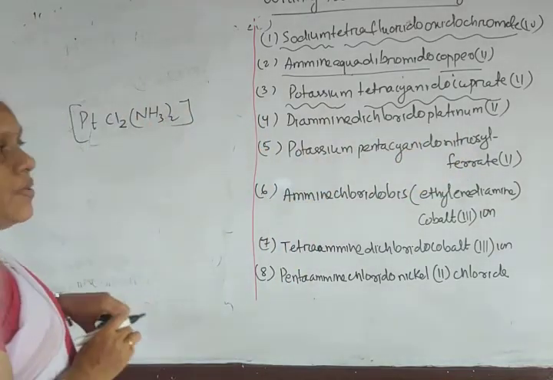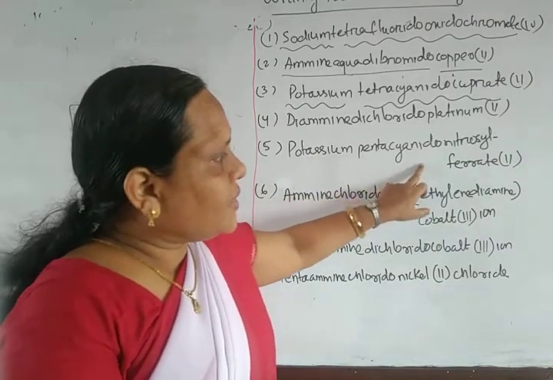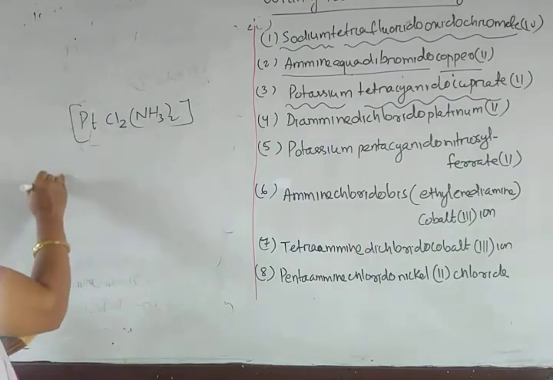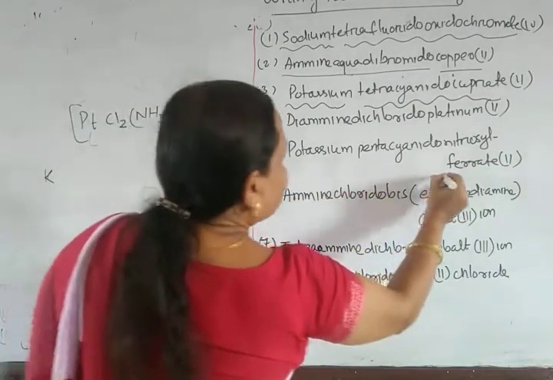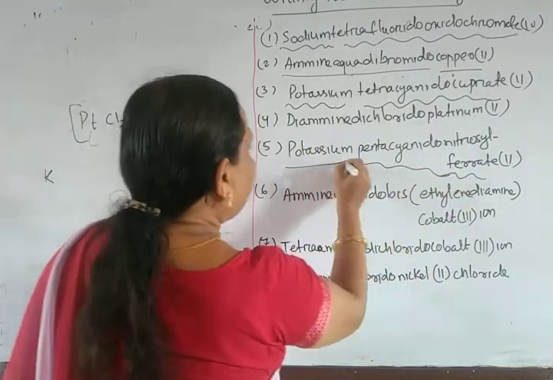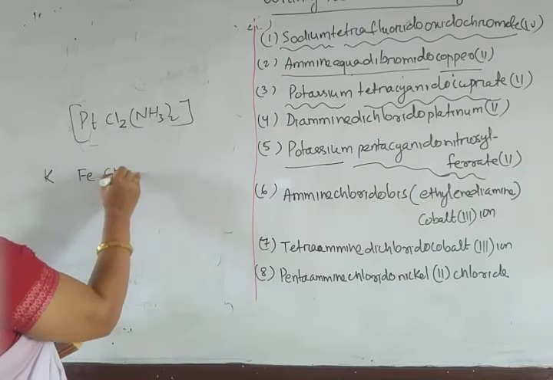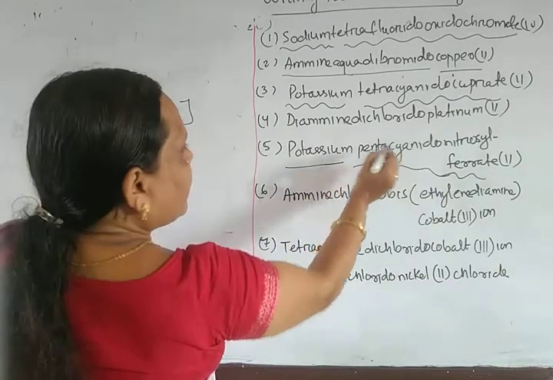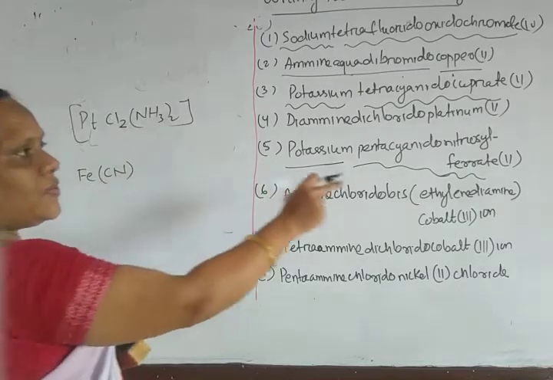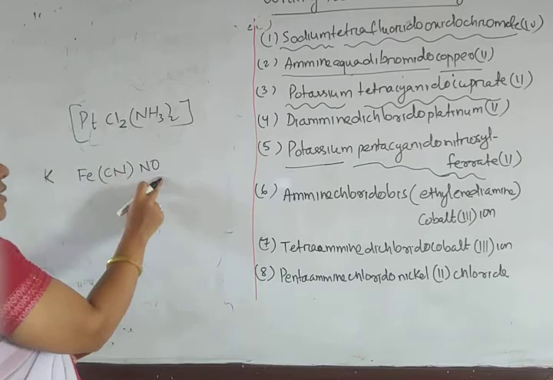Next come to potassium pentacyanido nitrosyl ferrate. Potassium is given, and from that we can know this is a negative part. So K, then Fe. Given pentacyanido, cyanide, and nitrosyl NO. Between NO and cyanide, CN comes first.